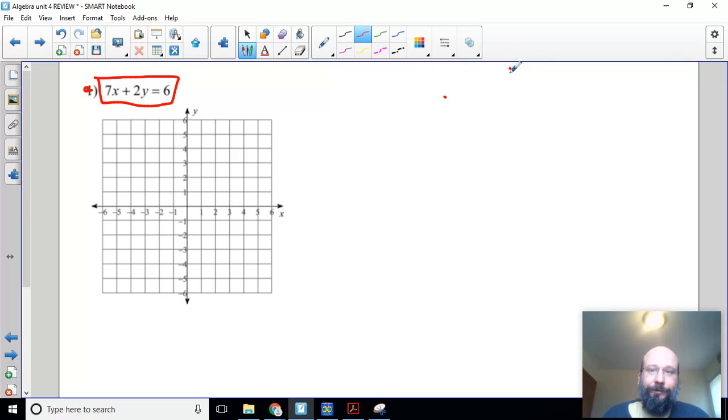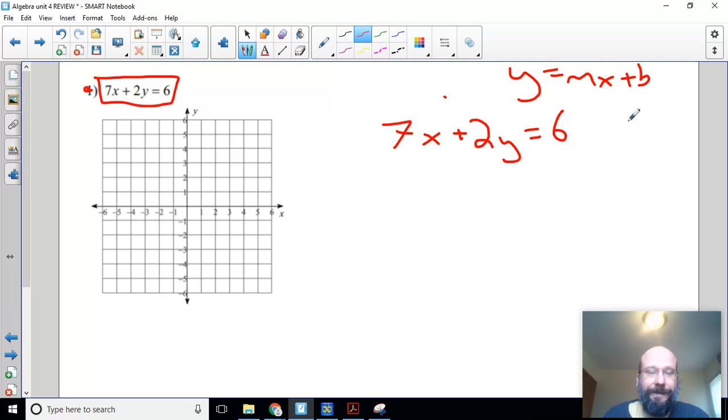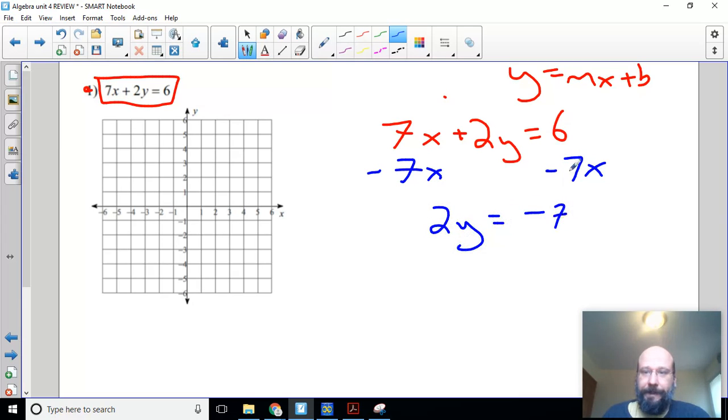So we got to put it in slope-intercept form before we can graph it. And as you remember, it's the same 2 steps over and over again. You move the 7x over by subtracting. So that gives 2y equals -7x plus 6.